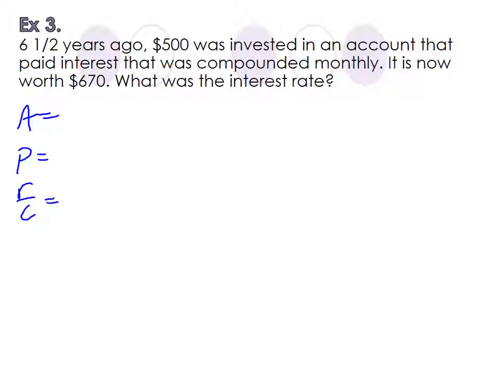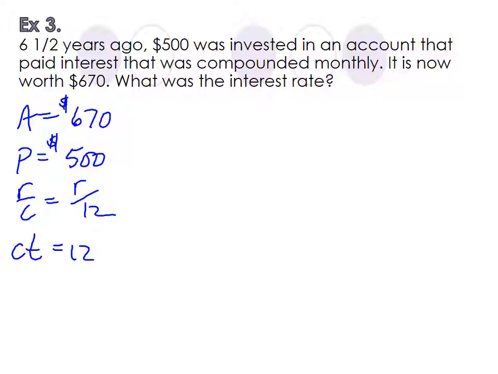A equals P times (1 plus R over C) to the negative CT. Our final amount, $670. The present value or principal value, what you paid originally 6.5 years ago, $500. The R value, we don't know. The C value, the compounding period, is 12.